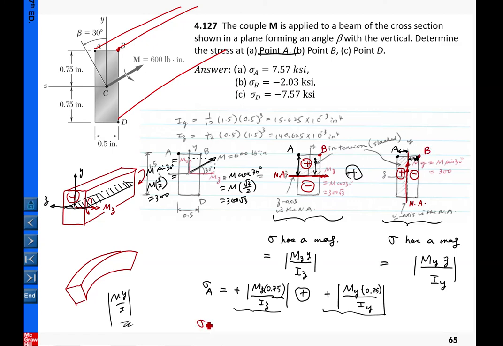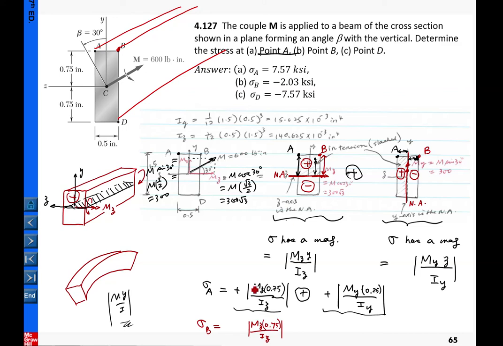So sigma B. And again, in these subsystems, B has the magnitude like this, Mz over Iz, and y is the distance from here to here. So that is 0.75 here.